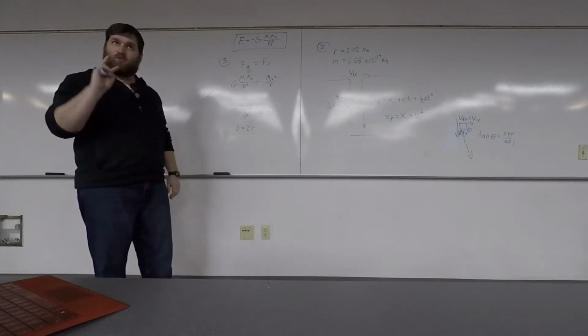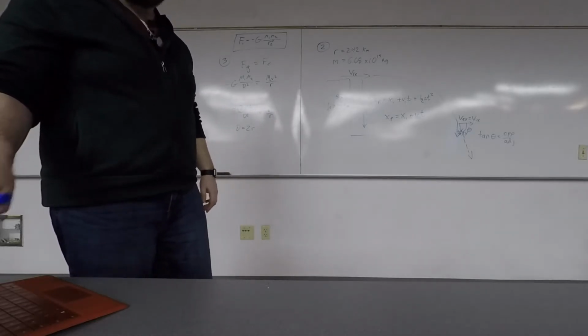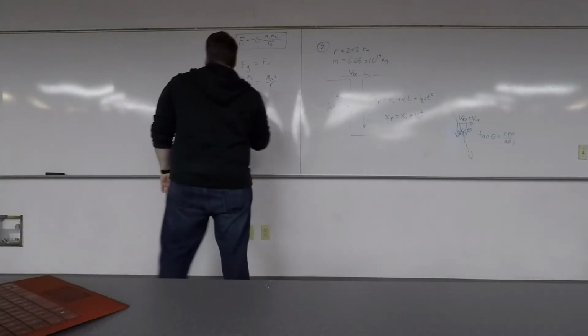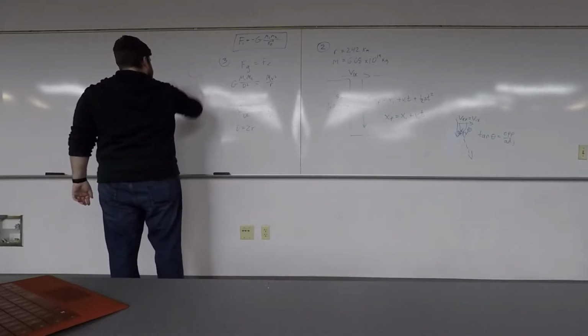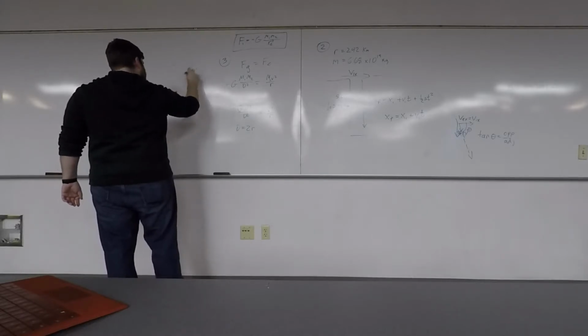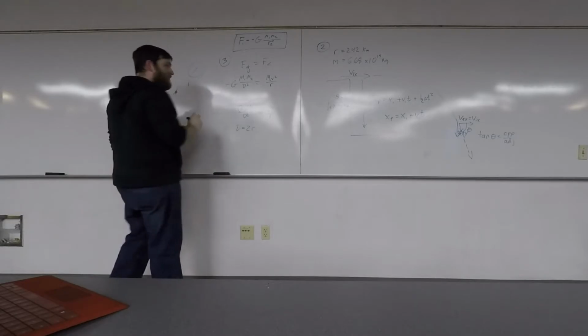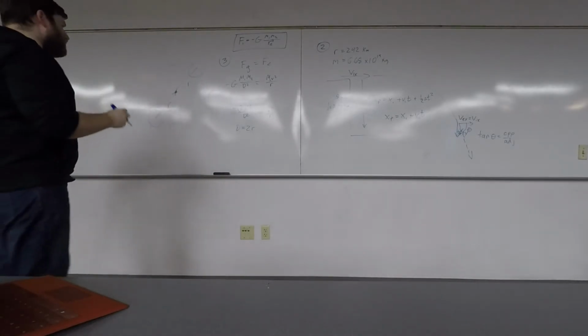So it's twice the radius, because if you look at the picture, this is R, but this is also R. So the distance between the masses is always 2R. As they circle around, it's always 2R.